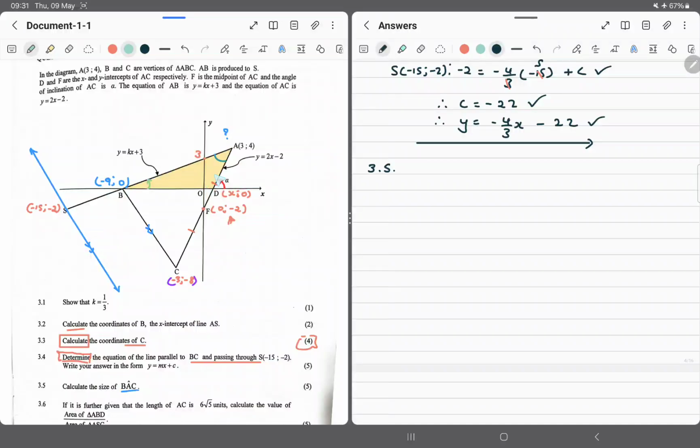And in this triangle, we can see alpha is an exterior angle of this triangle. So we just need to calculate 2 angles, alpha and the angle of inclination of AB. And we can use that property that this is an exterior angle of this triangle to work out alpha. Pretty simple. So we can call this one beta.